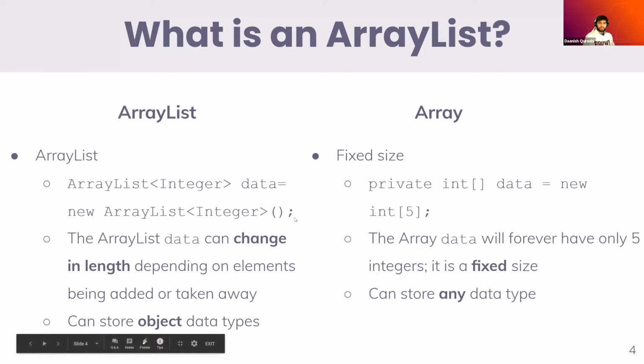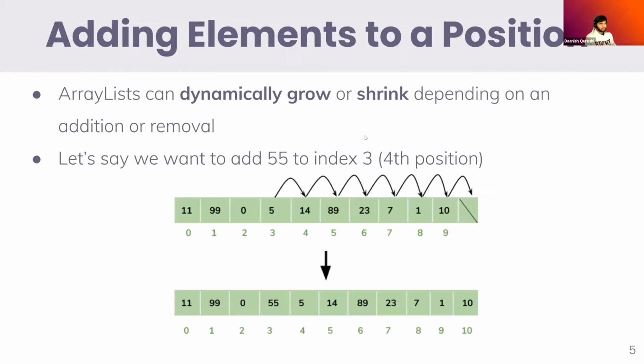We'll talk about later what this means, but this is just a brief overview. The main takeaway here is array lists can change in size and store objects, versus the array, which will have to stay that length forever and can only store mostly the primitive data types and maybe some classes. Everyone good with that? Makes sense? Perfect. Thank you, Walid, for the thumbs up.